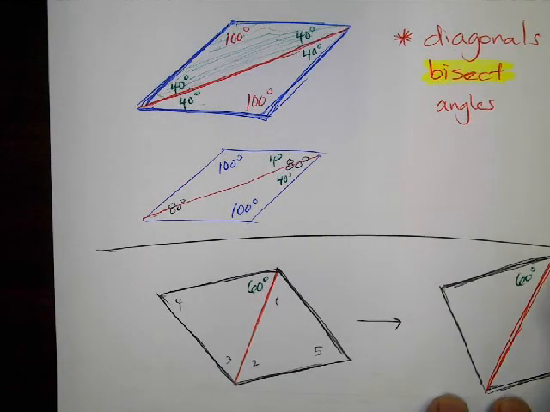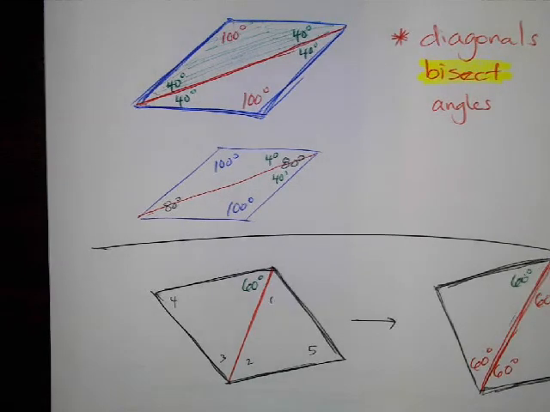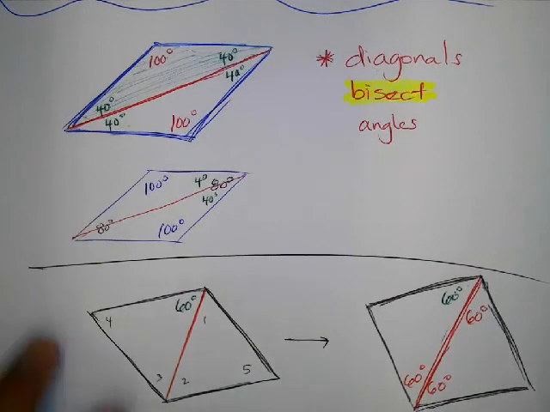If this one's 60, then guess what? This is the diagonal. It cut this one in half. So if this is 60, this one has to be 60. Yeah? And if these two are 60, guess what? These two are 60 also.